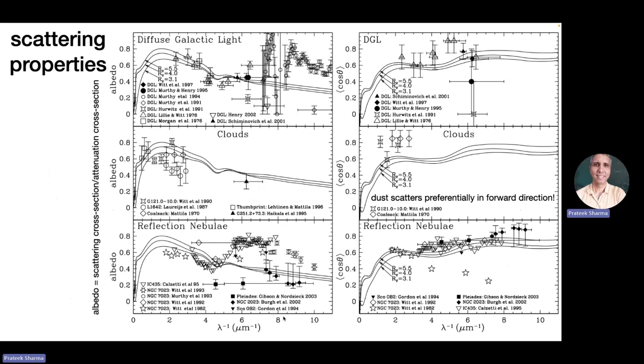Okay. Dust can scatter. So we have to be very careful with the terms that we're using. Extinction is basically anything that takes away light from the beam that's coming towards you. So both scattering and absorption add to extinction.